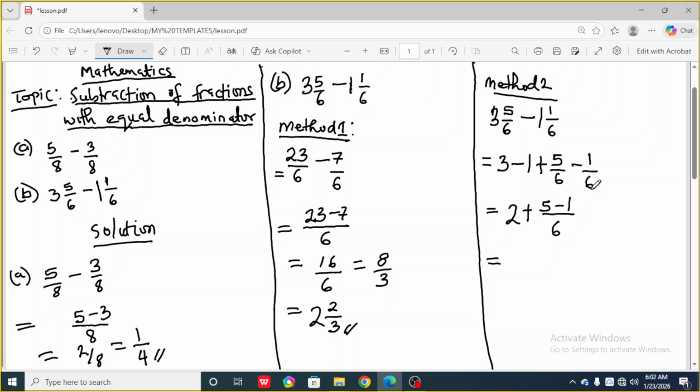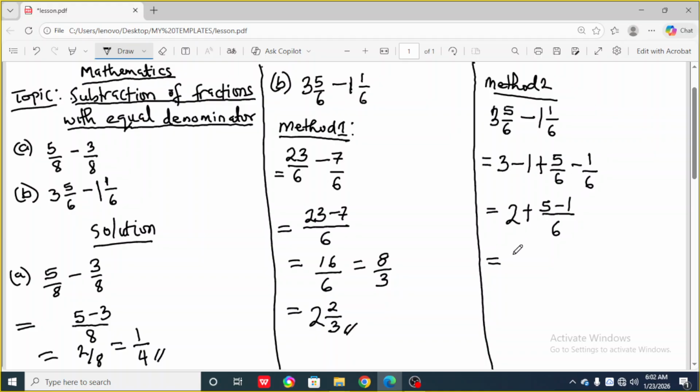Do not try this approach when the denominators are different. If you do that, you will get a wrong answer. I'm going to teach us what we do in the next class when we have different denominators. But for now, we are having the same denominator. You pick one and collect the numerators as they are with the operator, either plus or minus, in between the numerators.